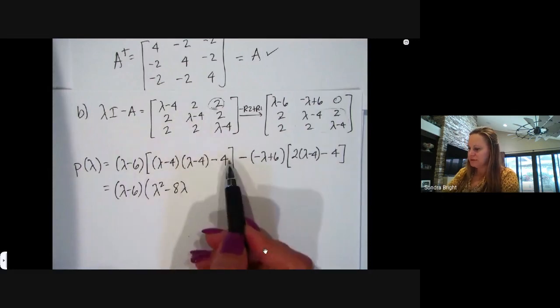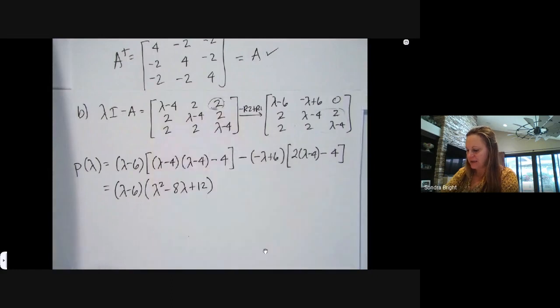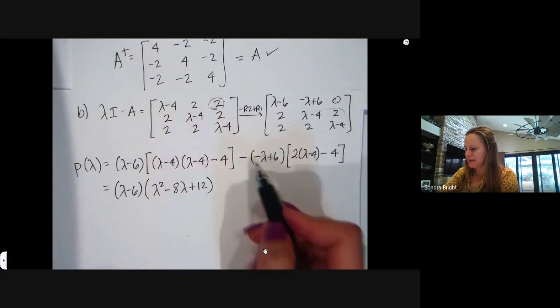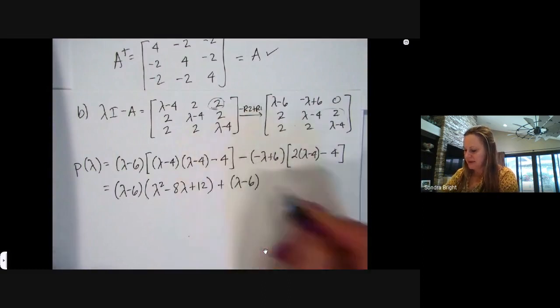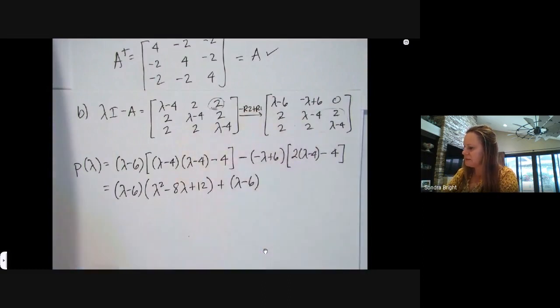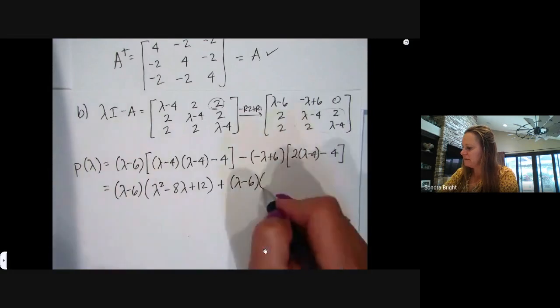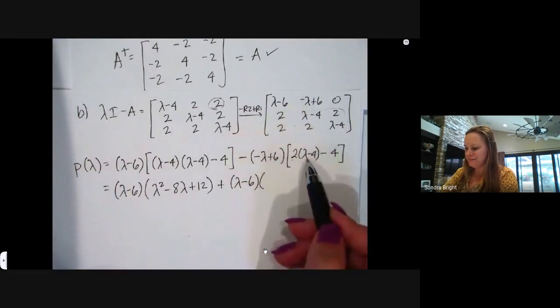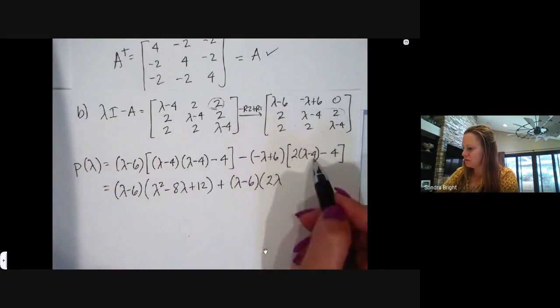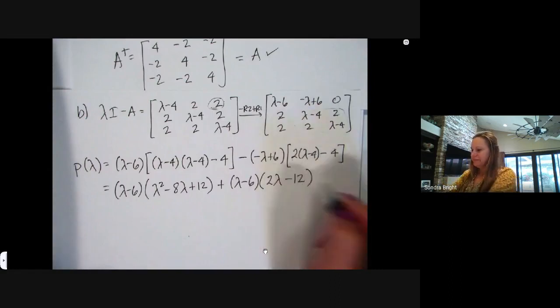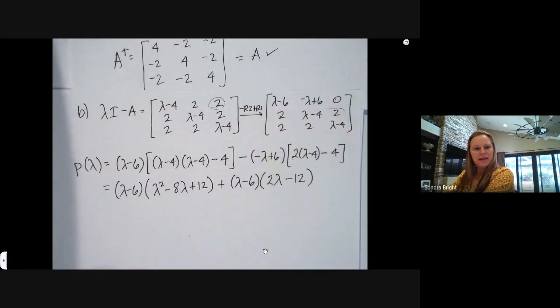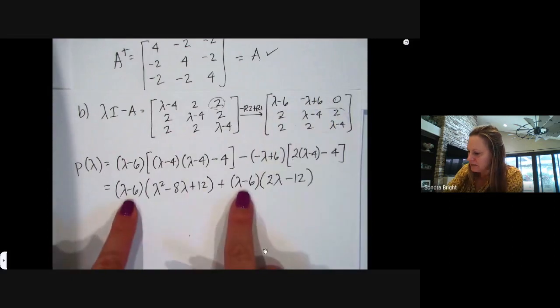When you distribute this negative, it becomes a positive lambda minus 6, distributing the negative inside there, and then times 2 lambda minus 8 minus 4, so a minus 12. Okay. Factoring by grouping, I have a lambda minus 6 in both of these terms, so let's factor that out.